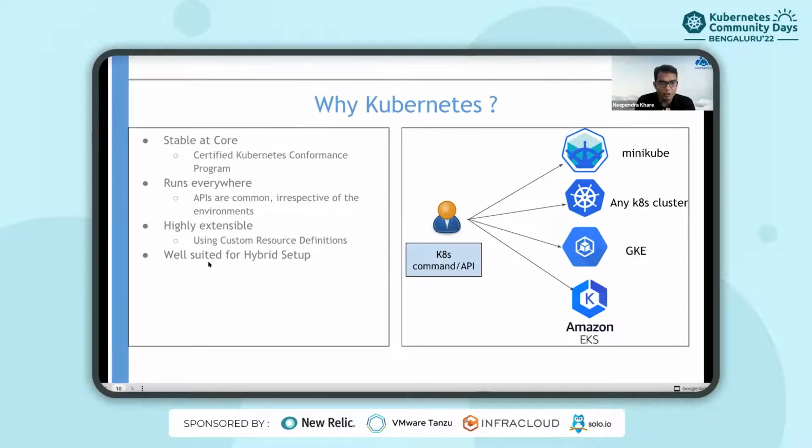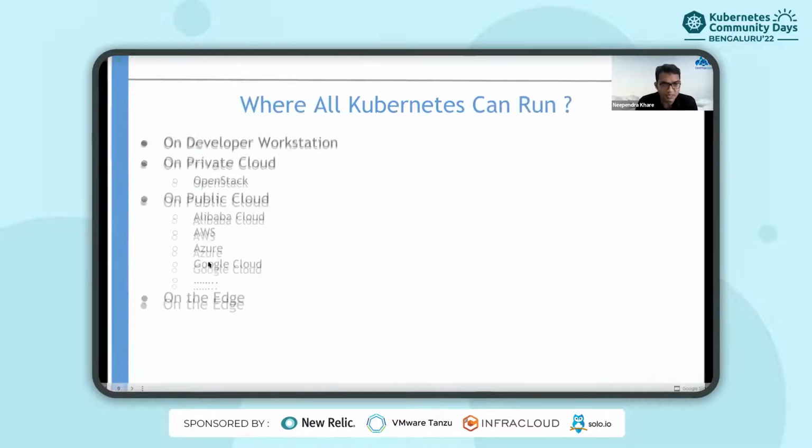It is also very well suited for hybrid setups. For example, if you have an on-prem setup and a cloud setup, because the APIs are the same, you can have the private setup with a smaller number of nodes and go to the cloud only on demand. That's where you can save a good amount of money with a hybrid setup. This is, at a high level, why Kubernetes.